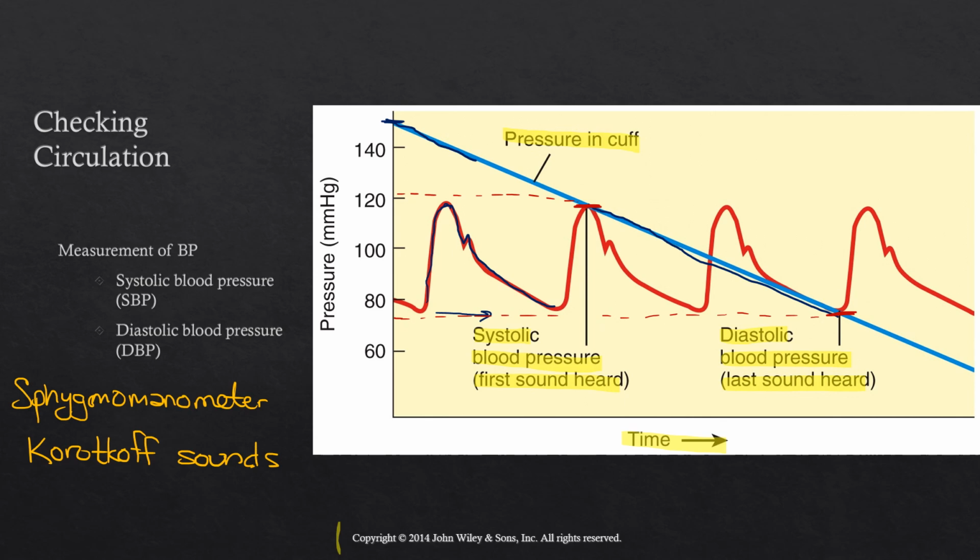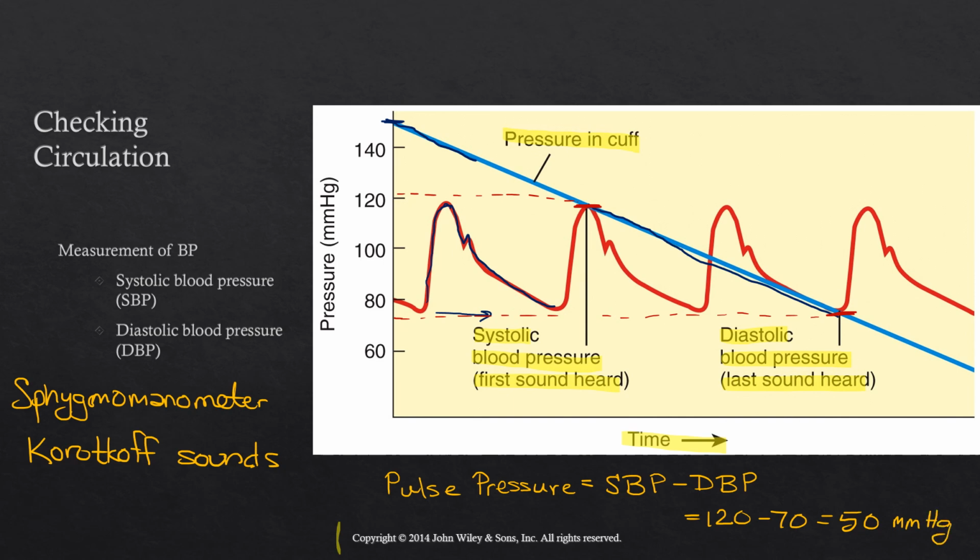So our pulse pressure is going to be our systolic blood pressure minus our diastolic blood pressure. In this case, it is going to be 120 minus 70. So we're looking at 50 millimeters of mercury as our pulse pressure in this specific example.